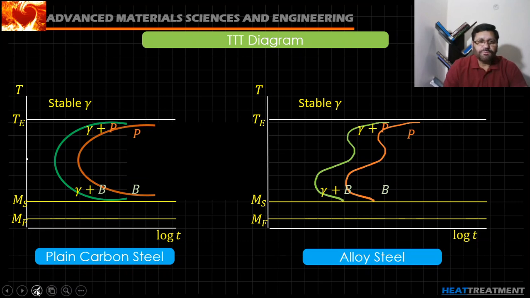If we consider the plain carbon steel and we transform austenite by a very fast cooling rate so that it misses the nose of the C curves, we end up with the formation of martensite. So we can say that easier for the quench, more hardenability.